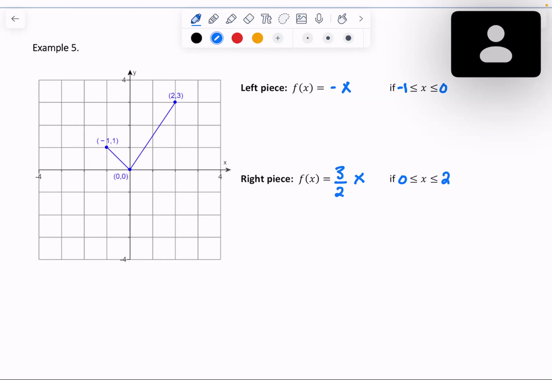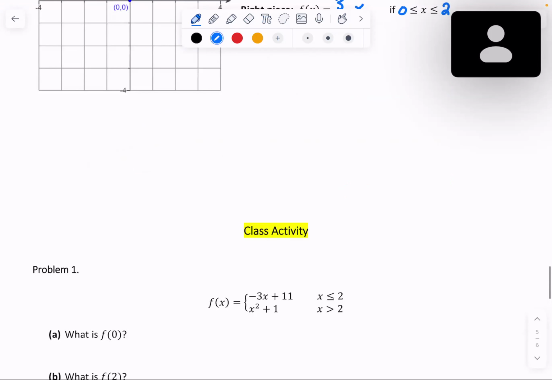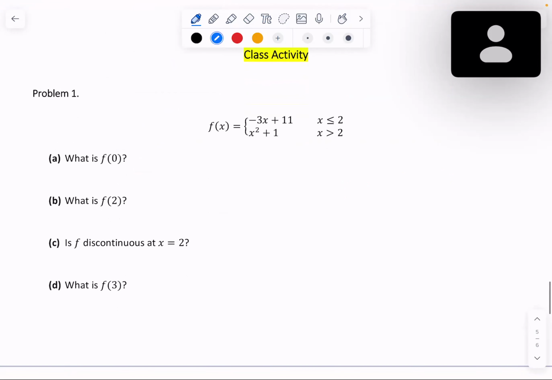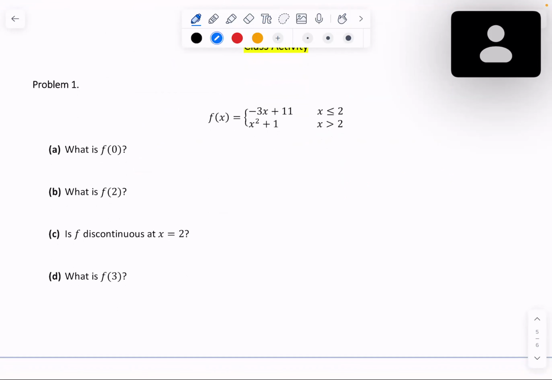Now, let's look at the class activity. This one here isn't too difficult. First, it says, what is f of 0? Am I plugging in 0 to the top or the bottom? Top, right? So if I do f of 0, that is -3 times 0 plus 11. 11, right?